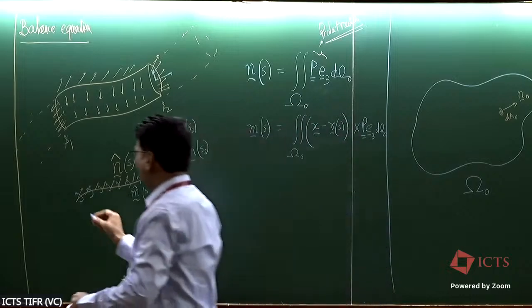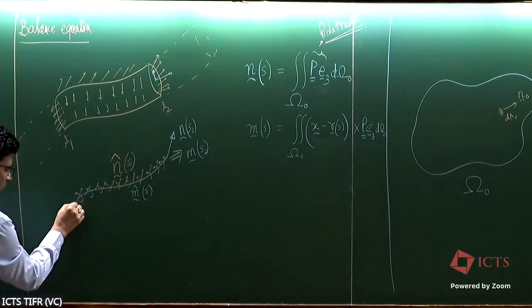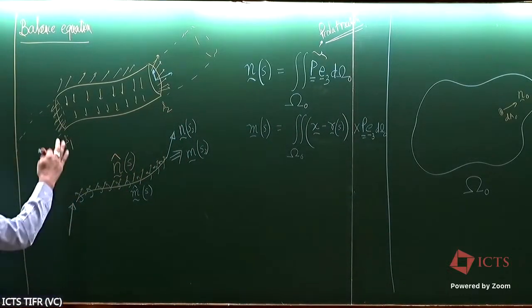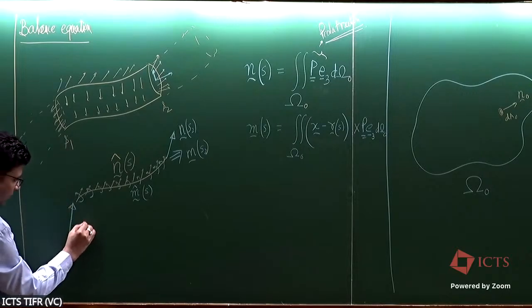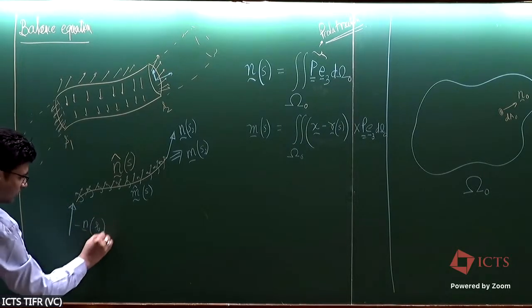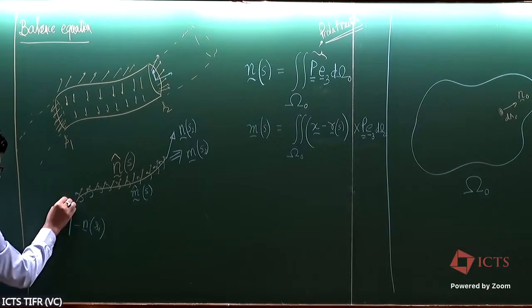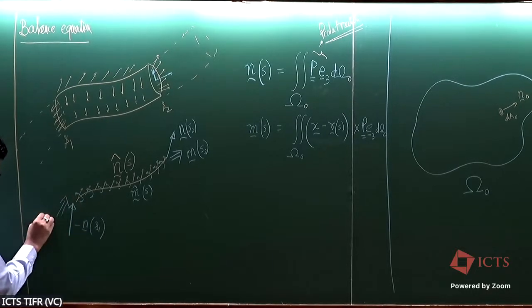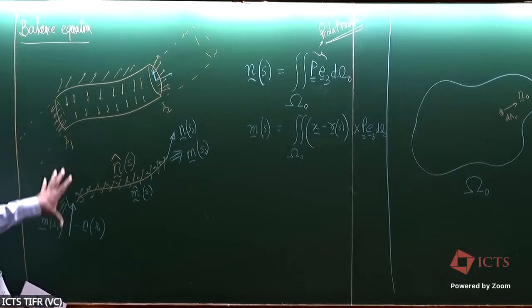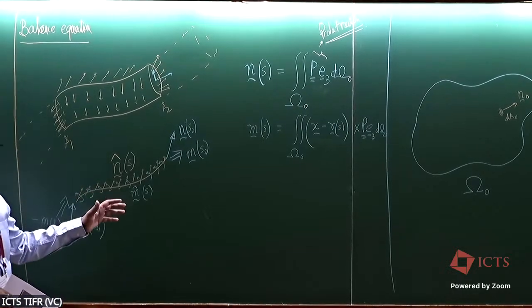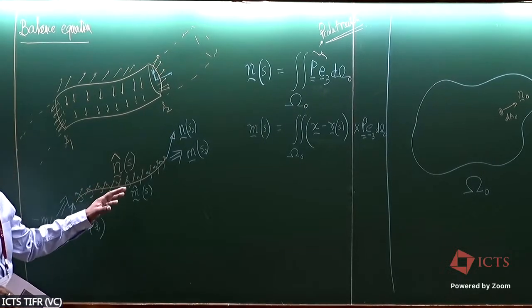So you can draw the vector in whatever way you want, but this is minus N of S1. Likewise, the moment is going to be there, minus M of S1. So that's the description of the external load that is acting on this segment.